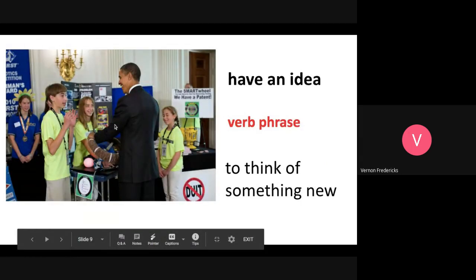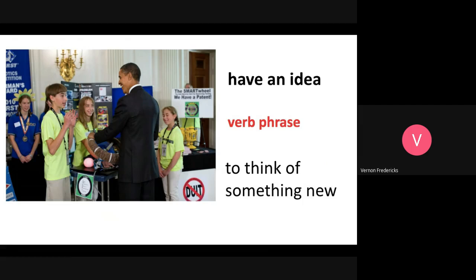Next word. To have an idea. The word form is a verb phrase. Have an idea: to think of something new. If you have maybe a problem, how do you fix the problem? You have an idea of fixing this problem.